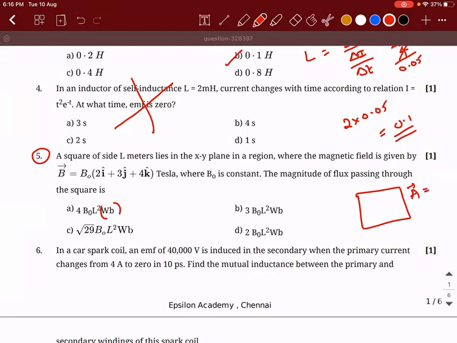Area as a vector will be L square. If a coil is lying in the XY plane, what is the direction of the area vector? Area vector is perpendicular to the coil. So A vector will be L square k cap, right? When you multiply both as a dot product, flux is equal to B vector dot A vector, you will get 4 into B naught into L square. So option is A.